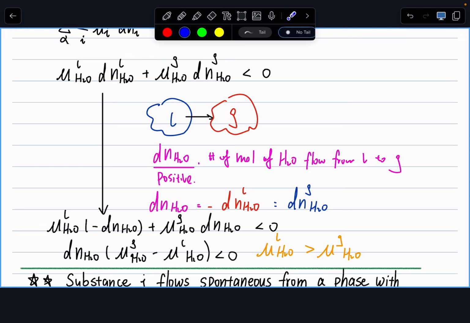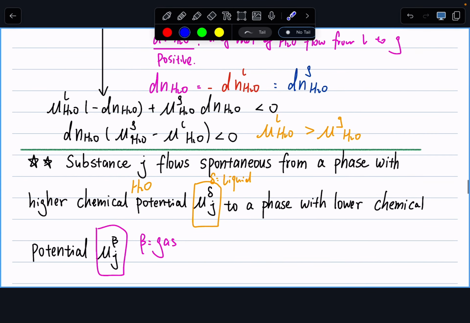What we derived at the end is that the chemical potential of liquid water must be larger than the chemical potential of gas water for an irreversible vaporization of water. Or the other way to put it, we generalize our conclusion to say that substance J flows spontaneously from a phase with higher chemical potential to a phase with lower chemical potential.